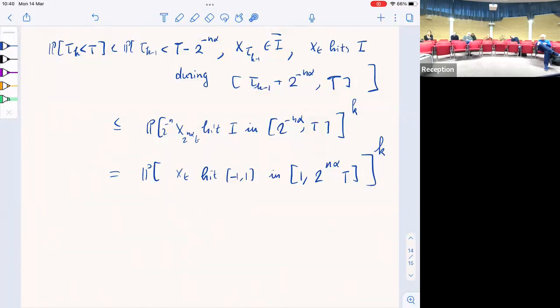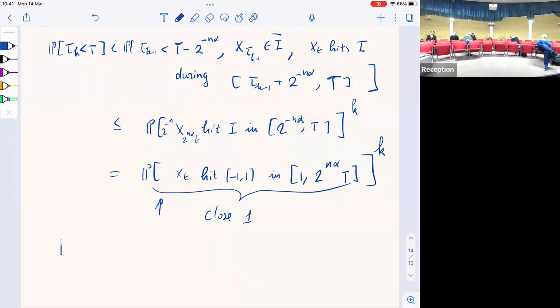But we can immediately see that the deal is that this should be close to 1. In a very long interval, my process will hit this [-1, 1] interval because it's a recurrent process. It's going to come back. So this is going to be close to 1, so we need to really quantify how close to 1 this quantity is. So we consider a complement and bound from below the complement.